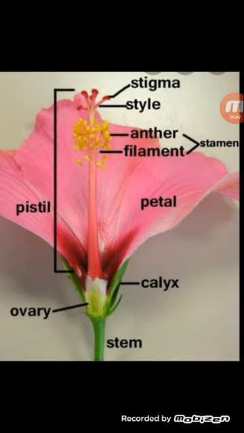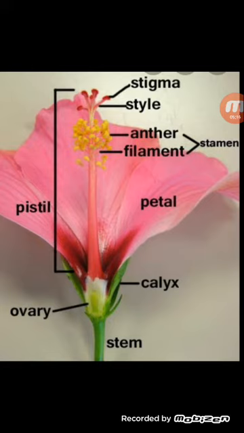So, androecium is the male reproductive part of flower, whereas gynoecium is the female reproductive part of the flower. Male is called stamen. Female is called pistil or carpel.